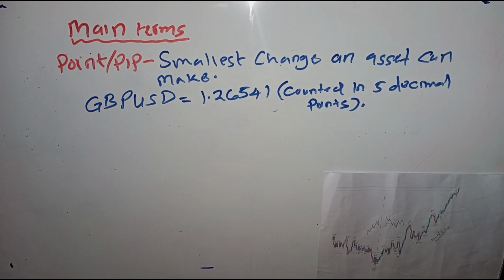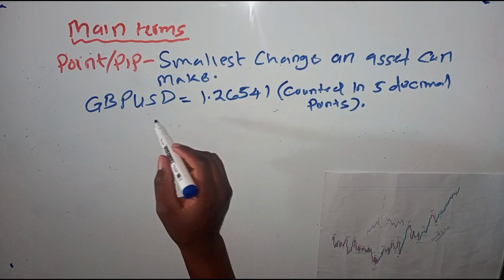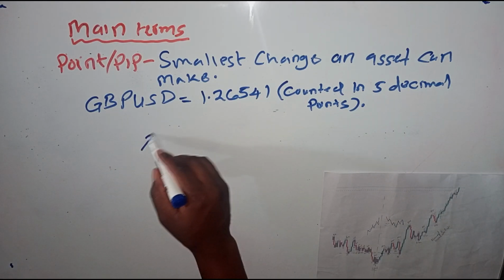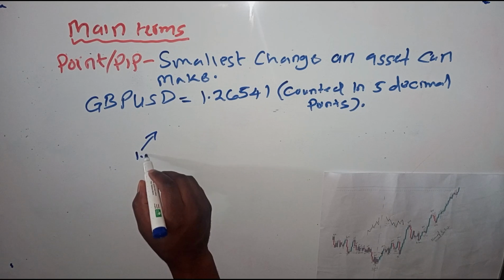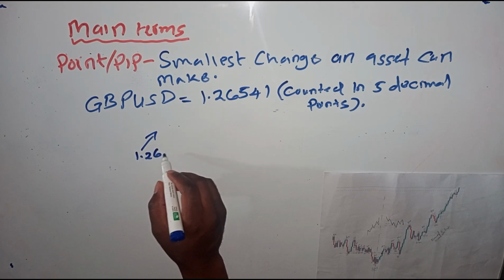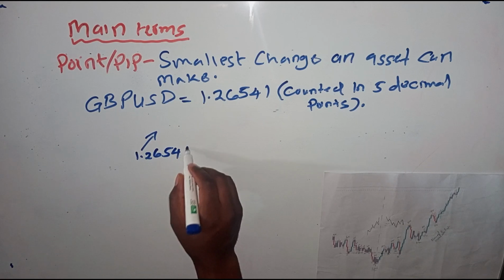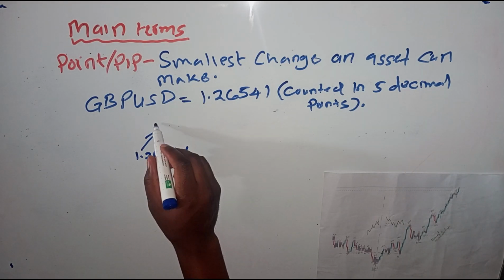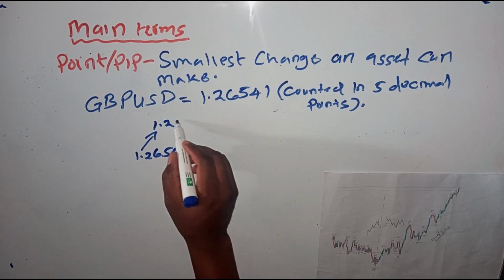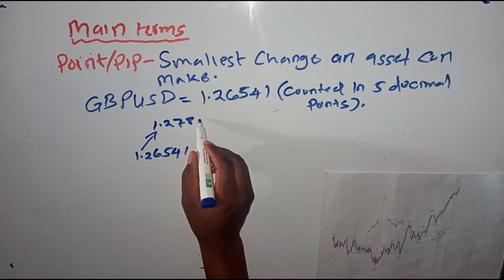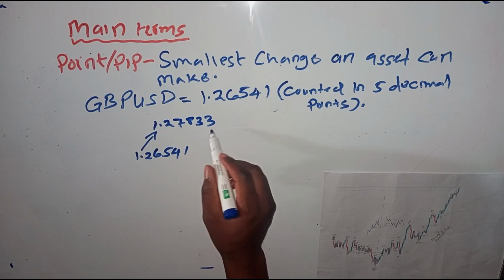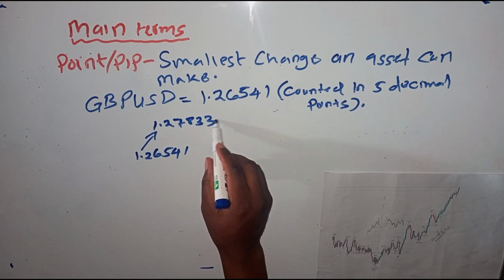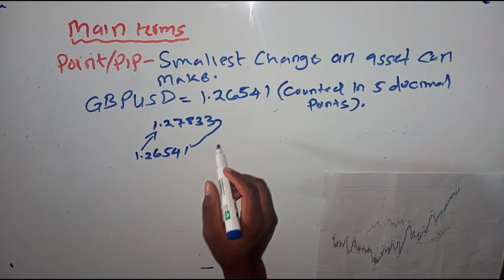Let's say the GBP USD rose from 1.26541 to 1.27833. This change between this and this, we subtract this from this.